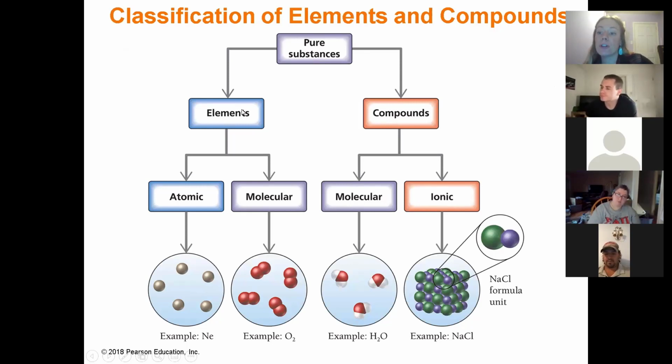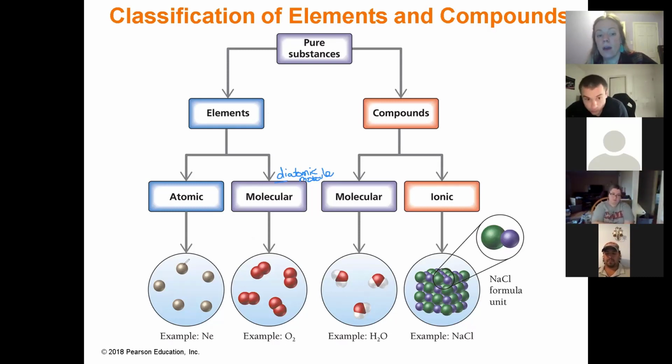The element can further be divided into what's known as an atomic element or a molecular element. And sometimes this word molecular is replaced with diatomic, a diatomic molecule. Does anyone know the root of di? Di being 2, okay? So in a diatomic molecule, well, let's go with the atomic first. That's the simplest.